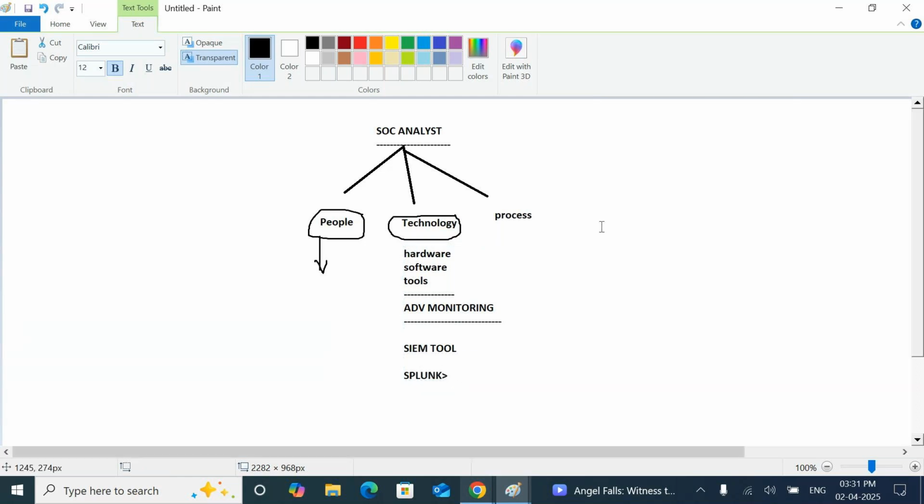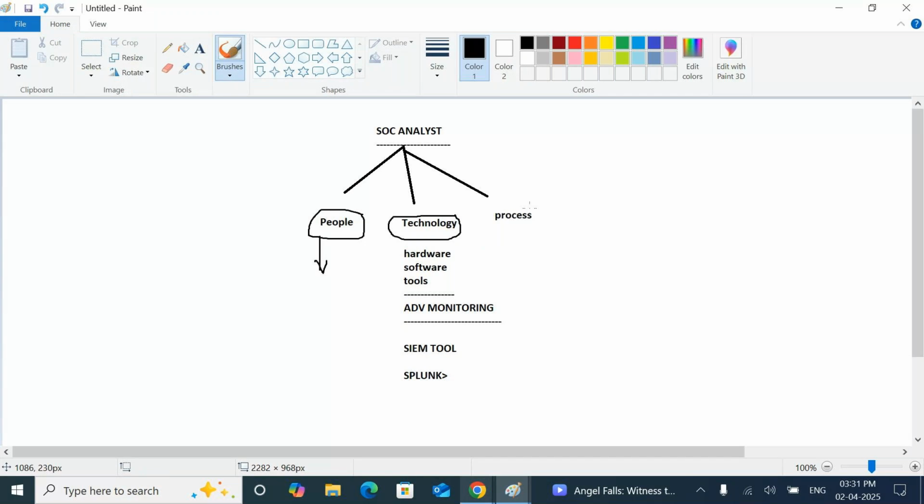Now coming to the process. Once you find something suspicious, the process involves investigating the suspicious activity, creating a report on it, sending that report to the concerned team, and getting some information from the concerned team.